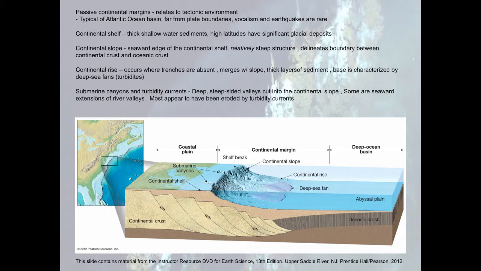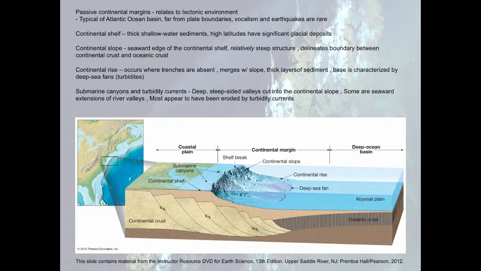The plate tectonic boundaries in the Atlantic Ocean are in the middle, and Europe and Africa on one side, North America and South America on the other, where these continental margins are very far removed from the centers of tectonic activity. Volcanism and earthquakes are rare in passive continental margins, which is essentially what it says. They're very passive.